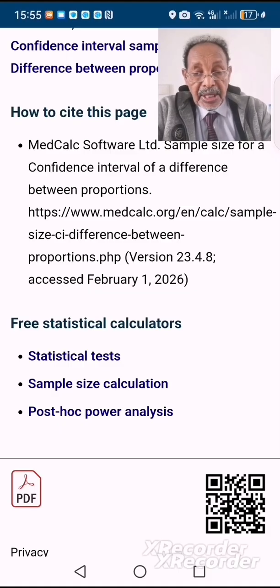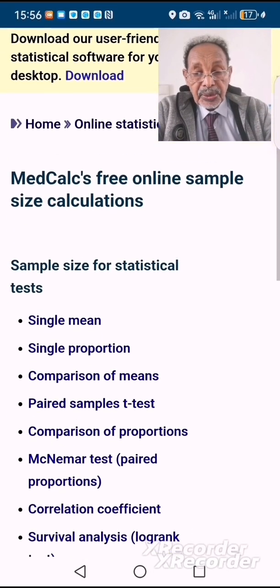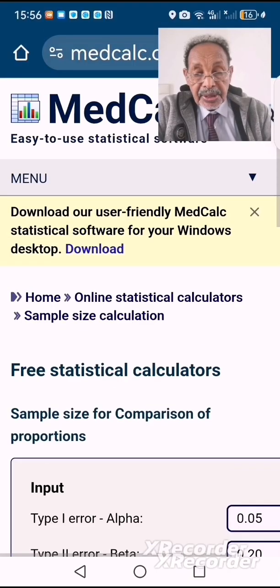We want sample size calculation. We press on sample size calculation, and here what do we need? Is it a single proportion or comparison of means or comparison of proportions? Let us see if we compare proportions, comparison of proportions.